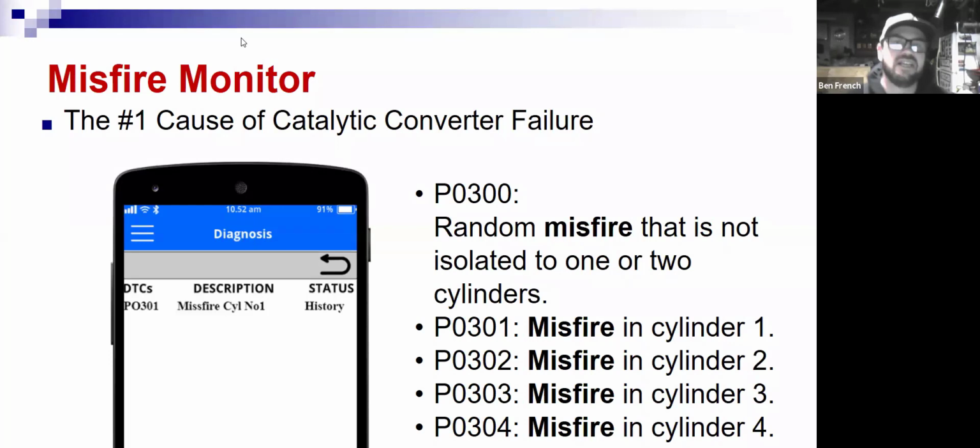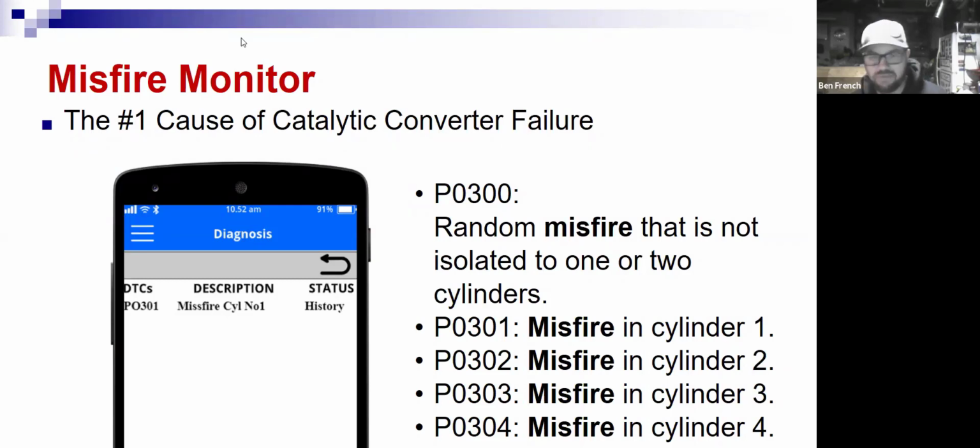Now some of the enable criteria for Misfire Monitor is, if the gas gauge shows that it's on E, I'm going to turn off Misfire Monitor so I don't set false misfire codes. Also, if I get erratic wheel speed sensor signals coming in from my ABS system, like I'm driving off-road or over train tracks or a lot of potholes, that can throw off Misfire Monitor, so we'll turn off Misfire Monitor for that as well.